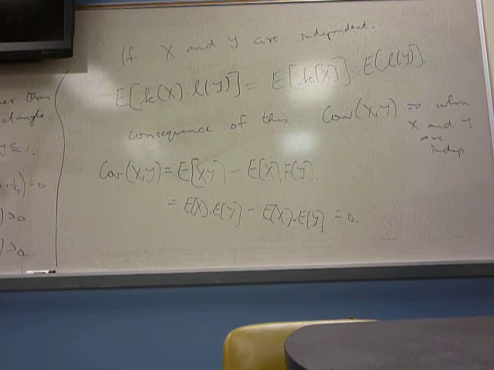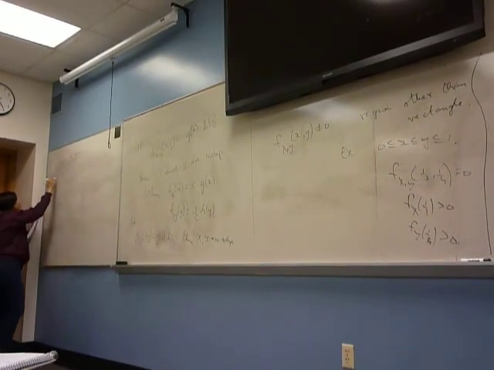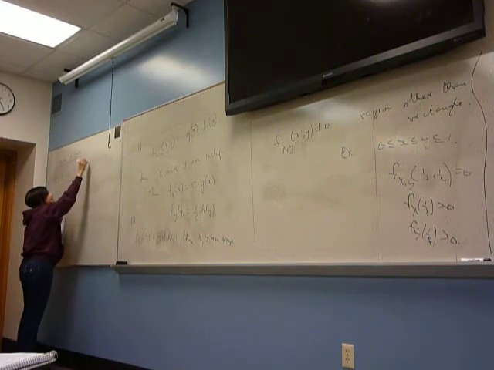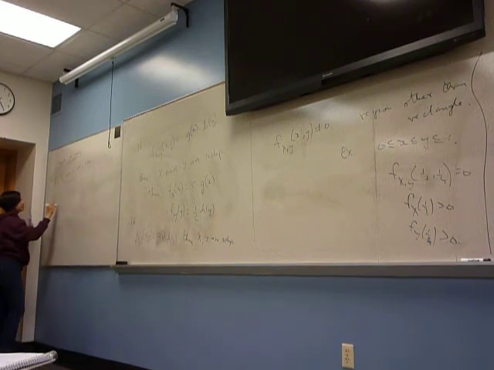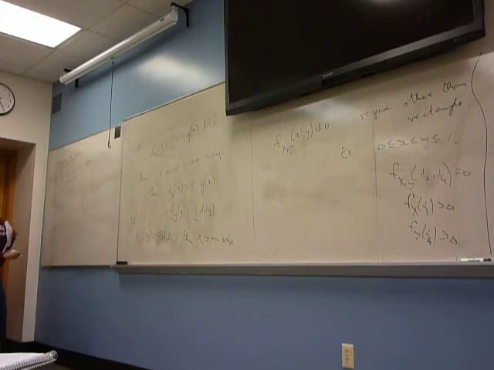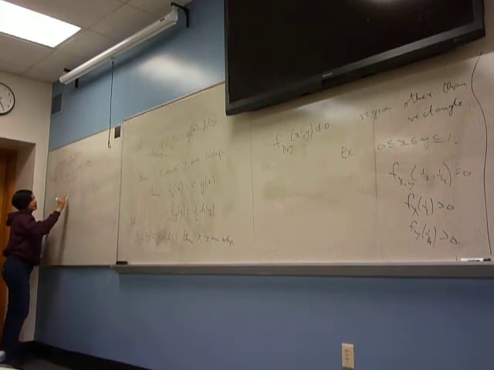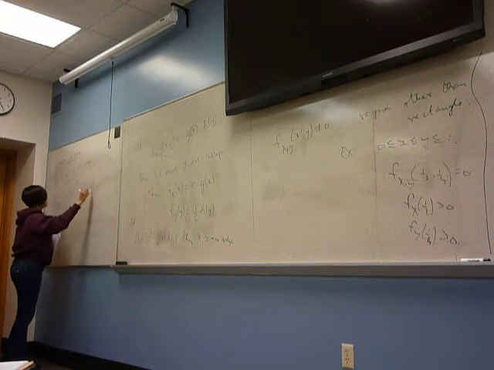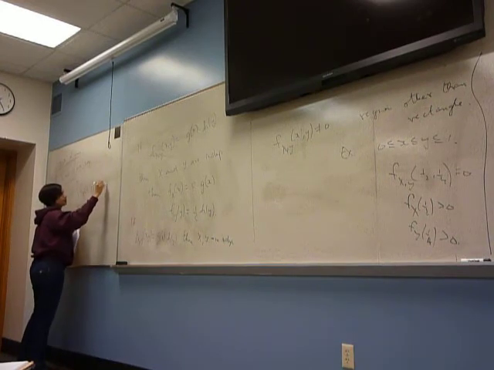Distribution of sums. We have independent random variables. If X and Y are independent, and I ask you for the density function of X plus Y, we have a formula for this, and that formula is the integral of f_X(z minus y) f_Y(y) dy.